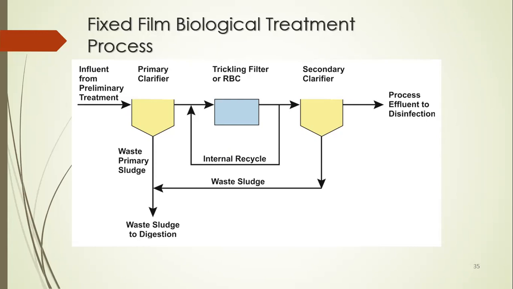These are some of the variants that we will not be going into details, but this is for you to understand. As secondary treatment, it is not only the activated sludge process that we have as an option to treat wastewater, right? So there are different variants of wastewater system designs.